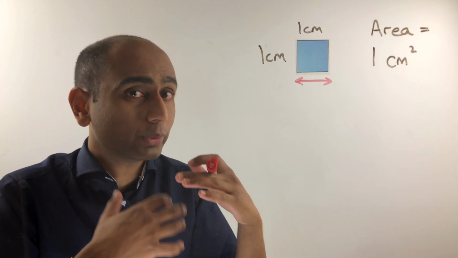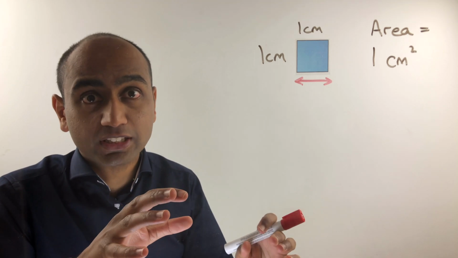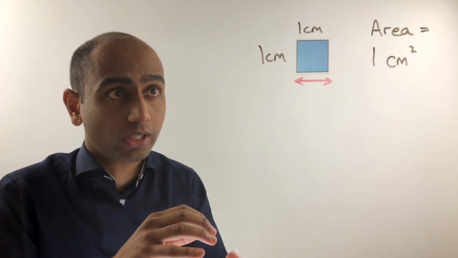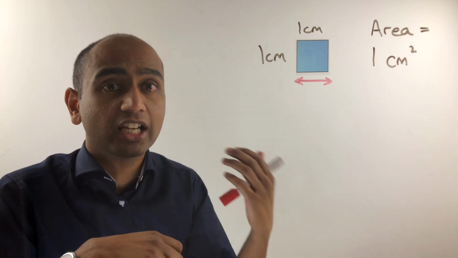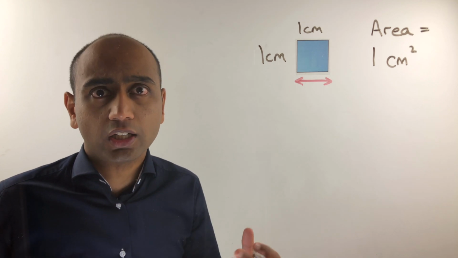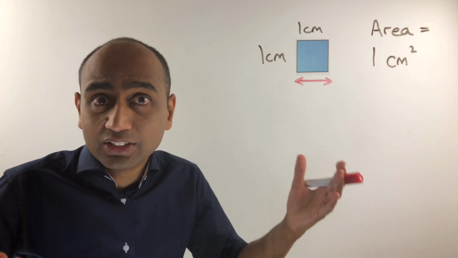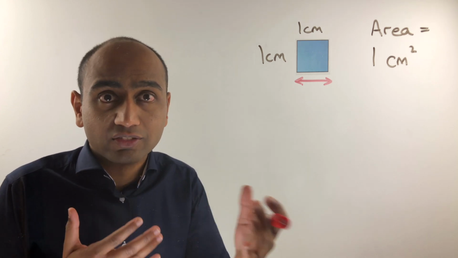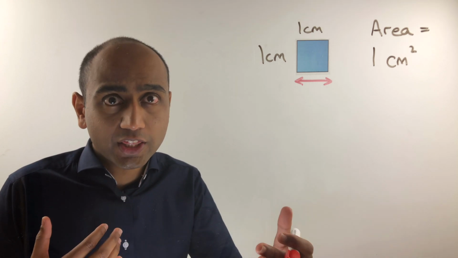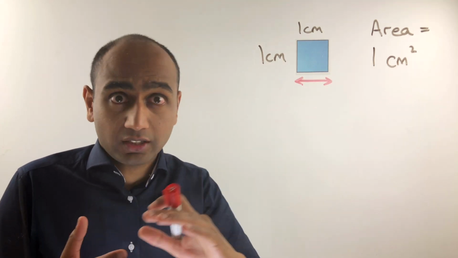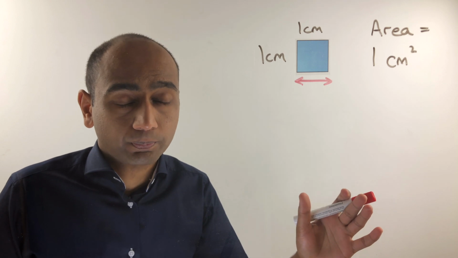A lot of the time when we're dealing with concepts like area and perimeter, students get mixed up between centimetres and centimetres squared, but it makes no sense. It would be like asking the question, which is longer, a minute or a mile? Well, they are two different units completely that can't be converted into each other. A mile is a length, a minute is a unit of time. Length and area are pretty different too.